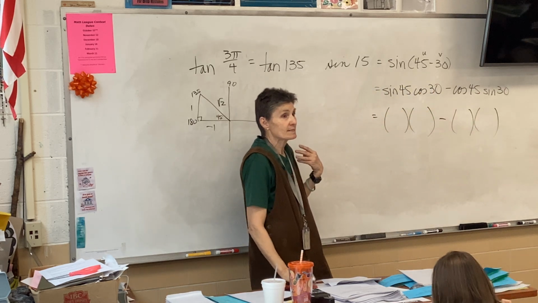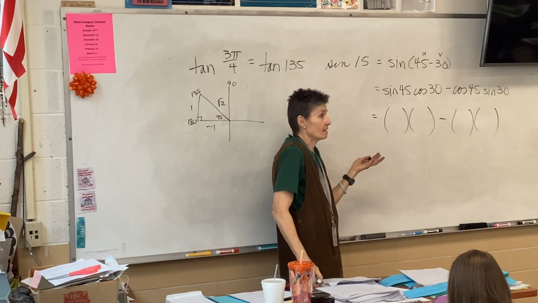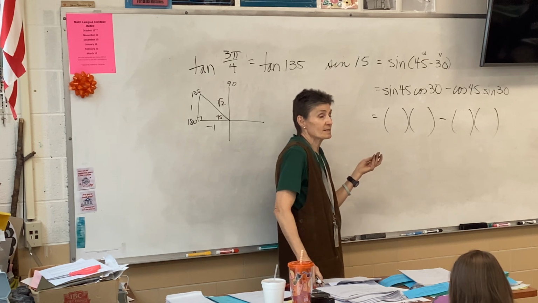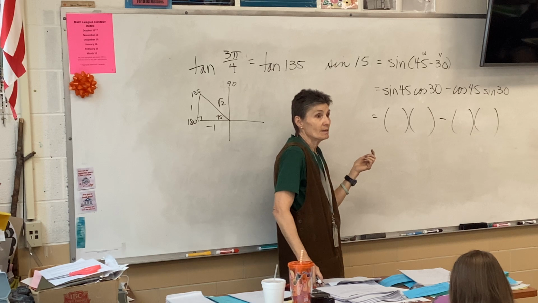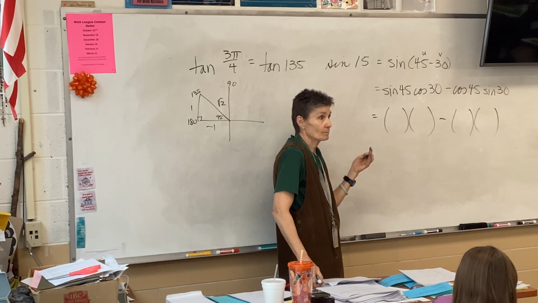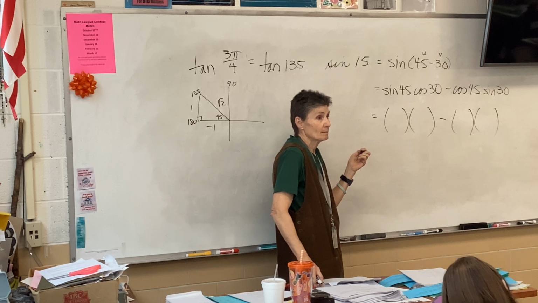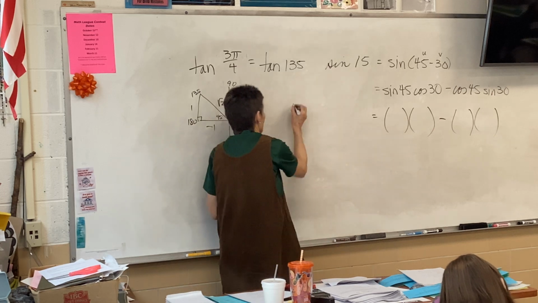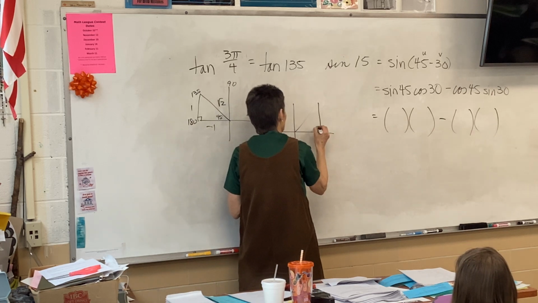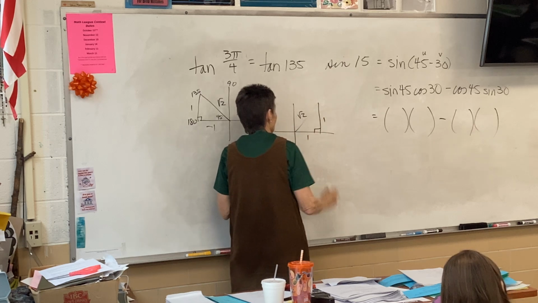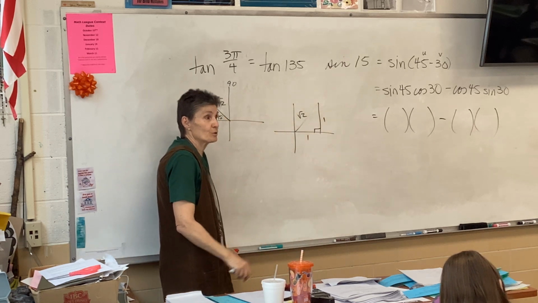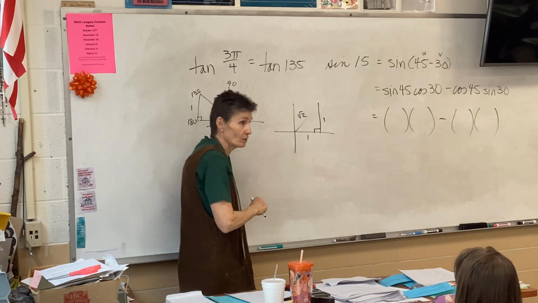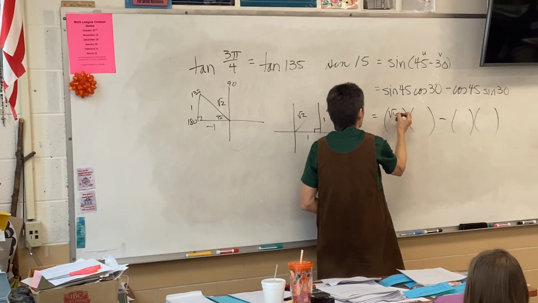Now, I always think the 45s are easy. What do I know about the sine and cosine of 45? They're the same. Am I speaking a language you understand? And what are they? They're root 2 over 2, exactly the same.